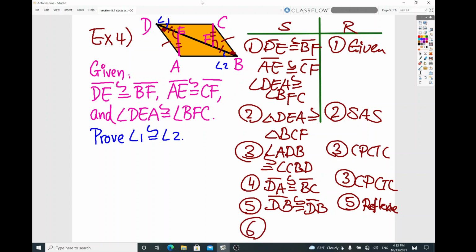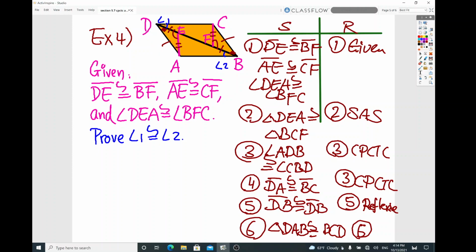And then after that, we can state that triangle DAB is congruent to triangle BCD. And the reason for this is, well, this one here, it looks like we cannot use that. It's side-side-angle, there's no such postulate. So in order to prove that, there's another thing we need to show. Well, we actually did it. Okay, let's see.